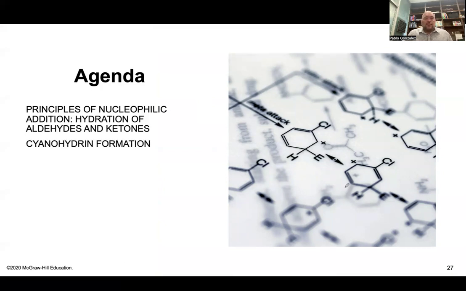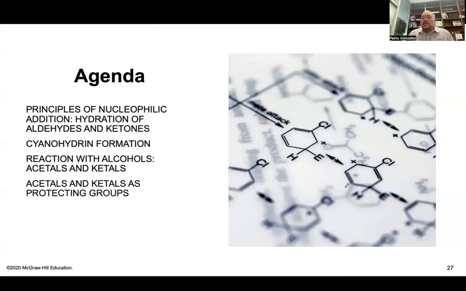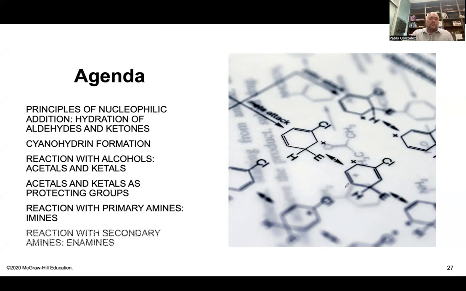We're also going to learn about the formation of cyanohydrin, the reaction of alcohols, and how they produce acetals and ketals. Acetals and ketals can be used as protecting groups, and this is a really, really important reaction that we're going to learn today. Also, we're going to learn the reaction of ketones and aldehydes with primary amines to produce imines. And finally, the reaction of secondary amines to produce enamines.